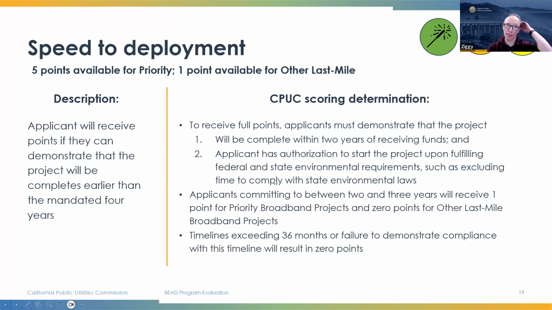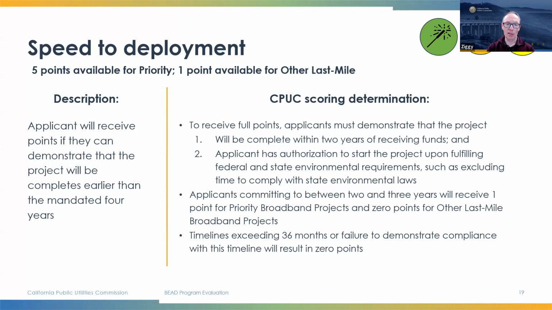And so scoring on the secondary criteria. Speed to deployment, 5 points if we're talking fiber, 1 point for other technology types. So if you can do it faster, namely within 2 years, you get full points.